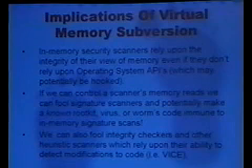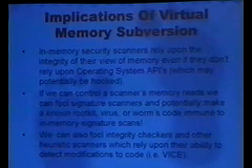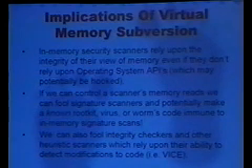So what are the implications of virtual memory subversion? Rootkit scanners are starting to get a little bit smarter. They're starting to realize they can't necessarily trust the API interface, because one of the most common methods of rootkits is API hooking. But the one vulnerability they do have is that, even if they don't trust the API interface, scanners intrinsically trust their view of memory.